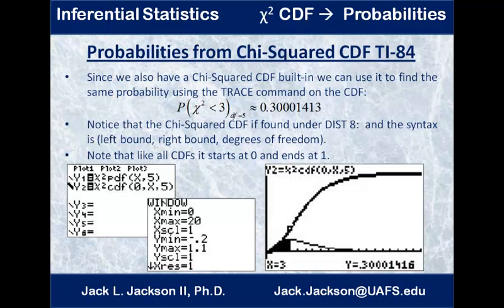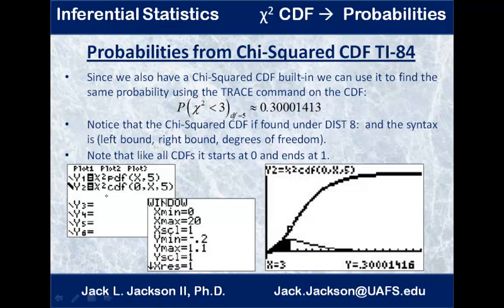Now, since we also have a chi-square CDF built in, we can graph that too. And we can use it to find cumulative probabilities as well. So again, go to your y equals. This time I want to graph both of these things together. I've done this without erasing my shade. In fact, I redid this on this new scale so that the shading would still be there.